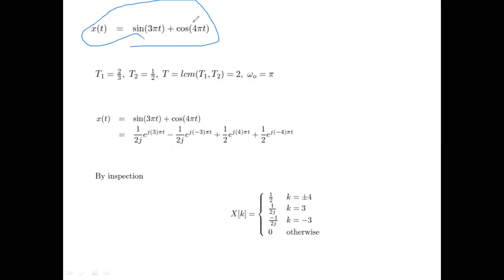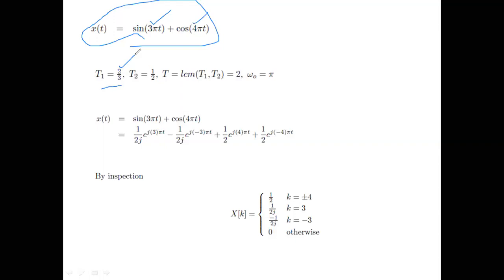So there is one frequency for this one, another frequency for this one. Now what you have to do is determine the fundamental period of the first wave. The author has done it for us. For the first wave, the fundamental period is 2 by 3. Do you agree? How do you find the fundamental period, by the way?